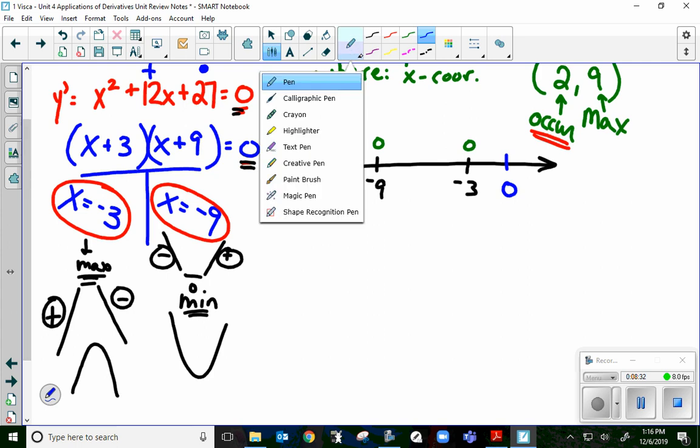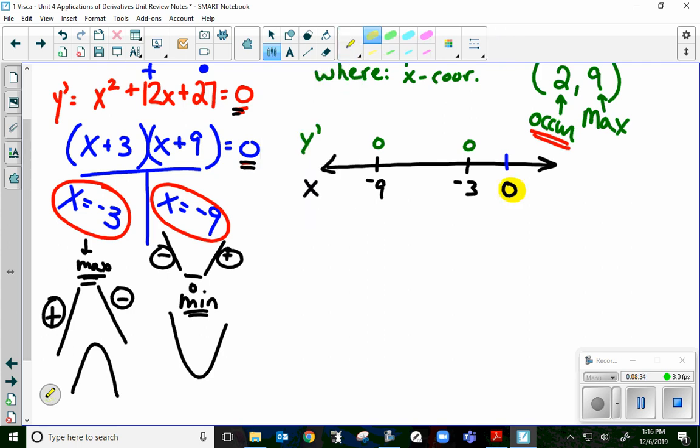That means I'm going to take my value of 0 and I'm actually going to plug it into my derivative. Okay, so 0 squared is 0, plus 12 times 0, which is 0, plus 27. Well, when x is 0, my derivative would give me a positive 27. So it's a positive slope there. Okay, so I know that my slope over here has to be positive.